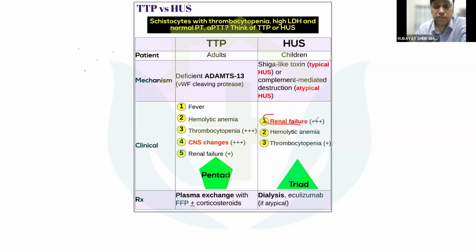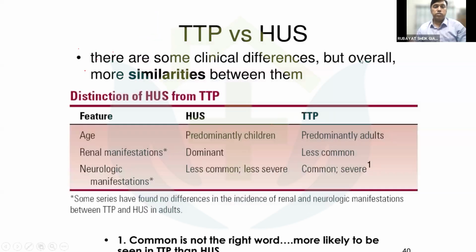Renal failure is more prominent here. The neurological features are more prominent in TTP. And HUS is in children, TTP is in adults. So you can differentiate it much more easily. The renal manifestations are more common in HUS, neurological manifestations more common in TTP. TTP is in adults, HUS predominantly in children.